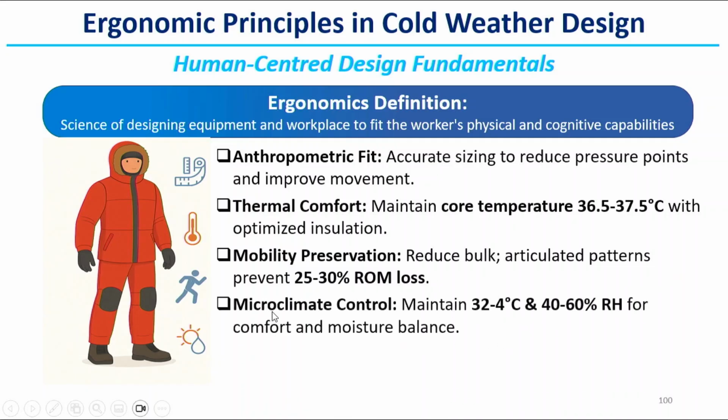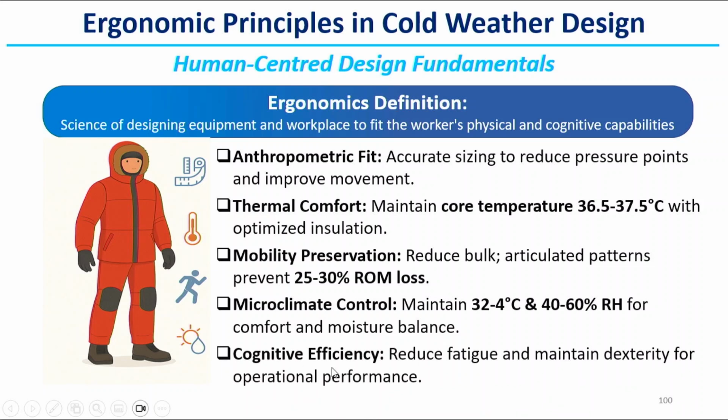And microclimate control. The microclimate typically is maintained at 32 degrees Celsius and 40 to 60% relative humidity, which is the comfortable zone. We should try to maintain the microclimate within that zone, 32 plus or minus 1 degree, typically 31 to 33 degrees Celsius.